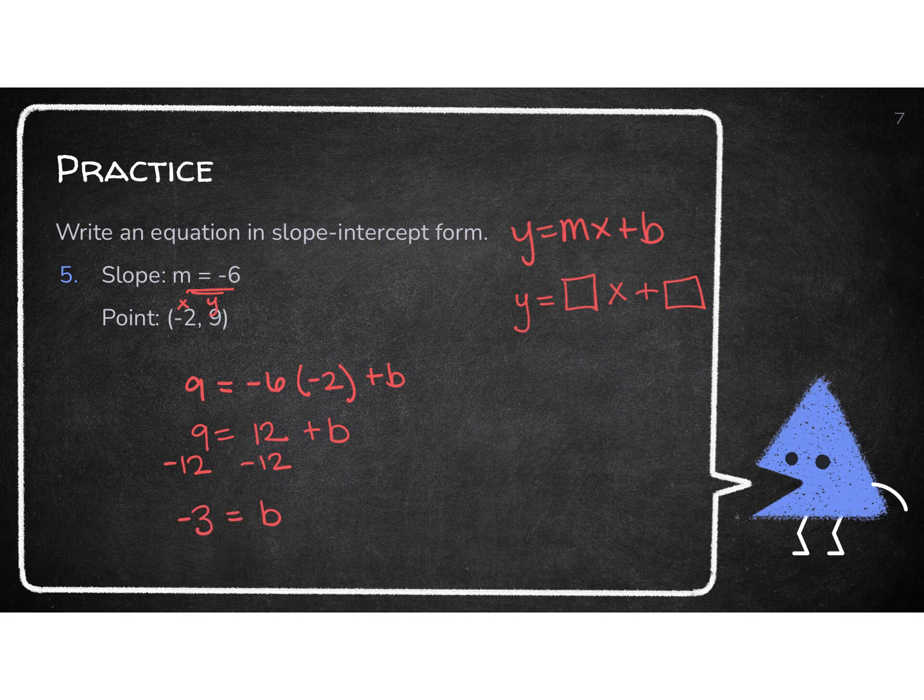I am still not in slope-intercept form, so I'm going to go do that now. I have y equal to my slope, my m. We already knew all the way back in the beginning, it's that -6 times x plus your b. Well, my b is -3, so I'm just going to write -3. Now I'm in slope-intercept form.